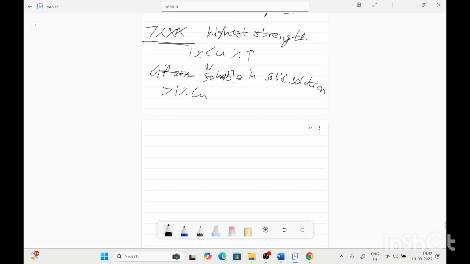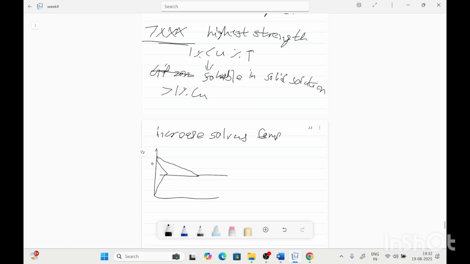So the addition of the copper increases the solvus temperature. Solvus temperature we know, this is the phase diagram.